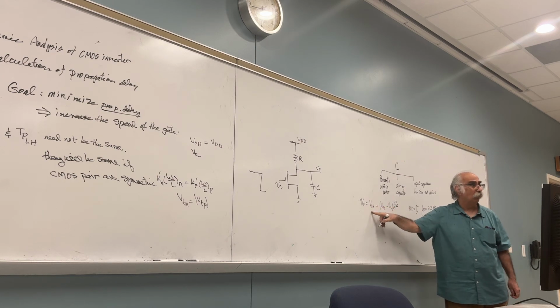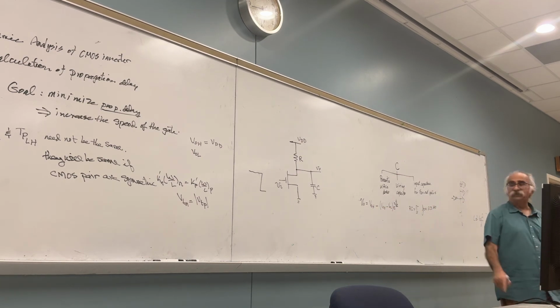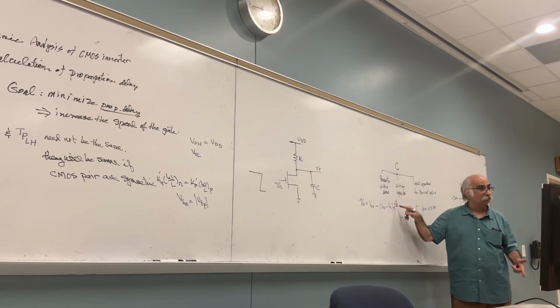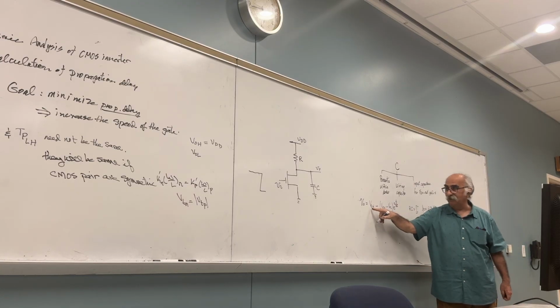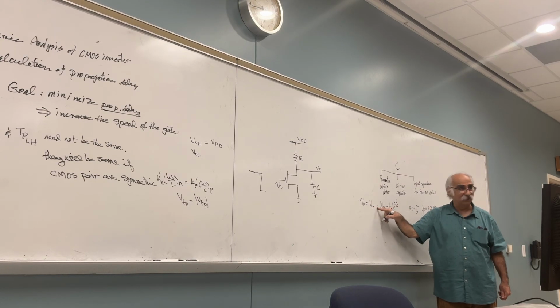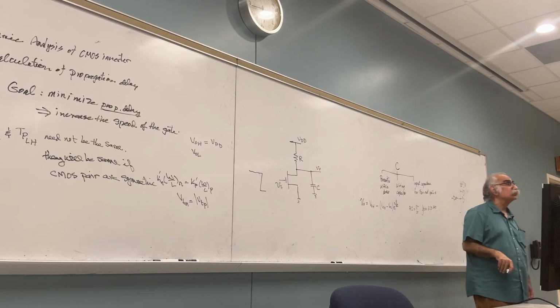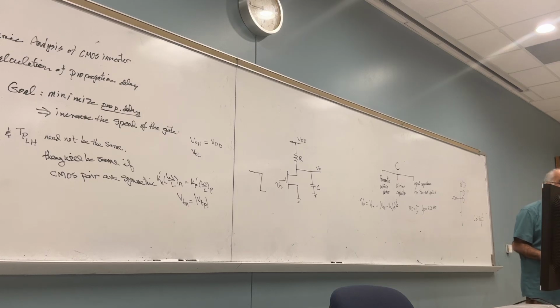V naught is VOH. At t equal to zero, what is this? It's 1, which means VOH minus VOH cancel, and I end up with the initial voltage across the capacitor. Did you get it? Yes.